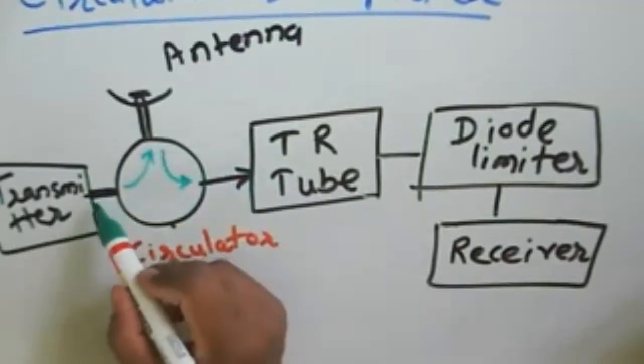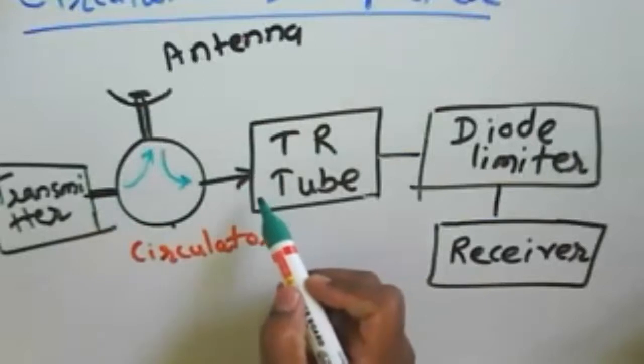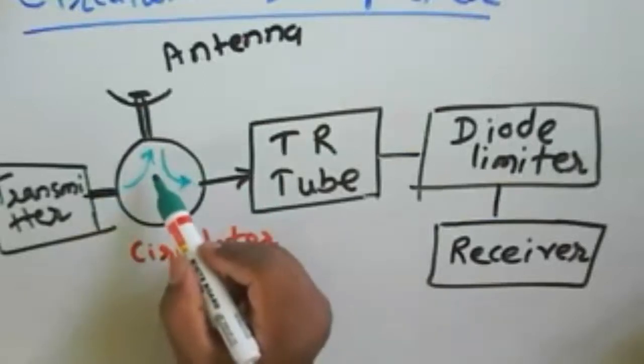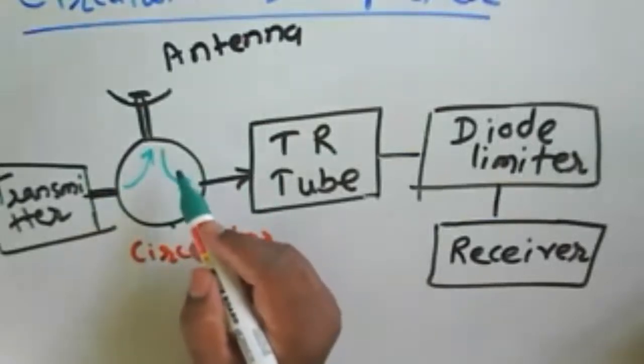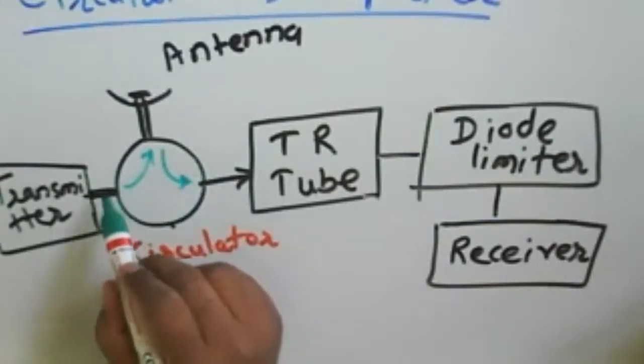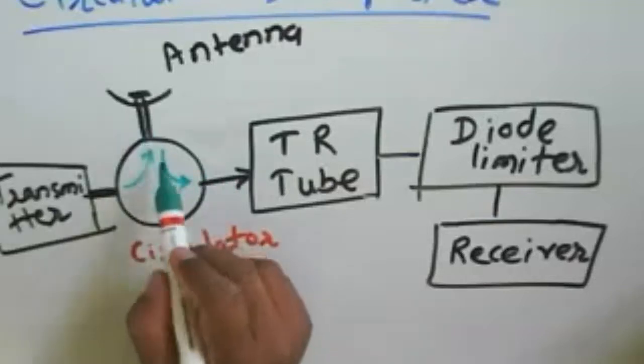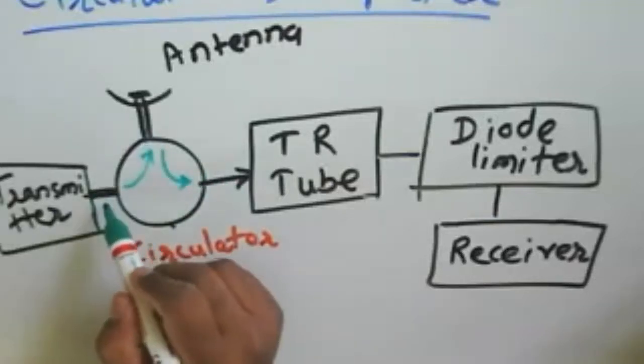So no signal propagates from the transmitter to the receiver. That is the role of a circulator. It will propagate the signal only in one direction from transmitter to antenna, no signal at the receiver. From antenna to the receiver, no signal at the transmitter.